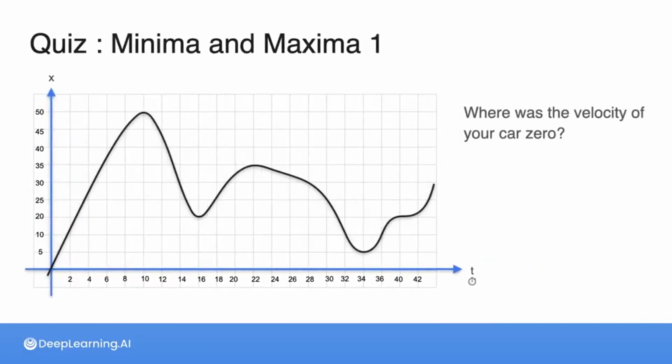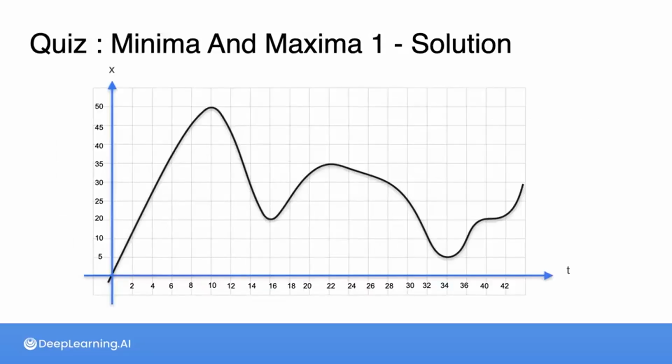Given this trajectory, where was the velocity of the car 0? If you said at any of the points where the tangent is horizontal, therefore the tangent has slope 0, you were correct. Those are the points where the car was stopped. And in total, there are 5 points.